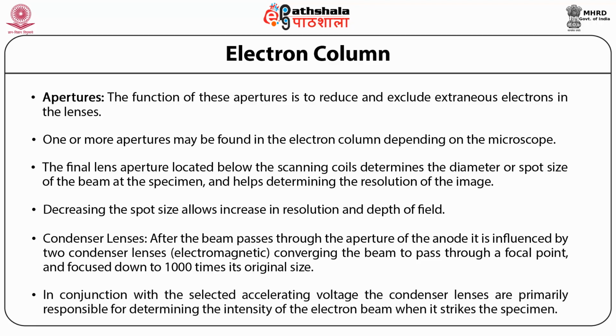In conjunction with the selected accelerating voltage, the condenser lens is primarily responsible for determining the intensity of the electron beam when it strikes the specimen.